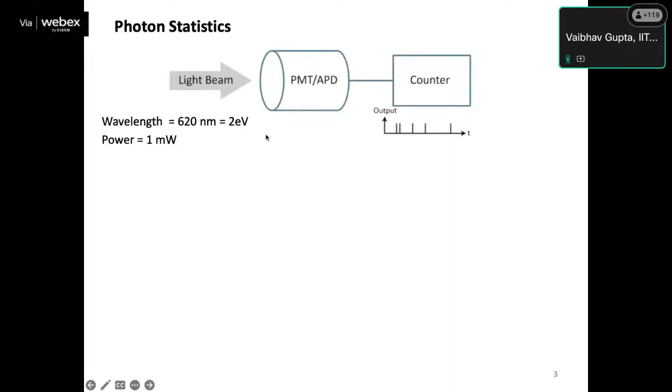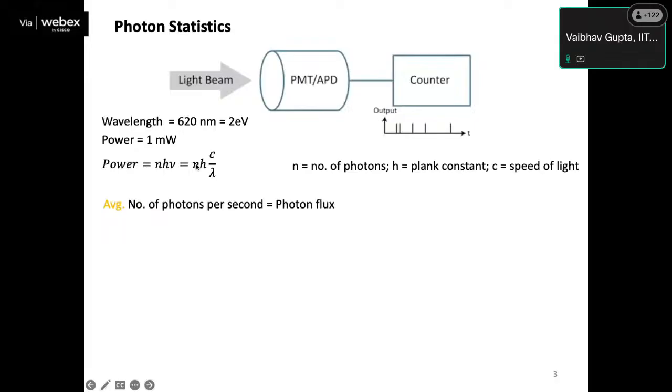So I have given you some parameters related to this beam, and you can now calculate the number of photons. Since power is n h ν, or n h c by λ, you know everything here. You know the power, you know the wavelength, c is the velocity of light, h is Planck's constant. You can calculate the average number of photons, or the photon flux.